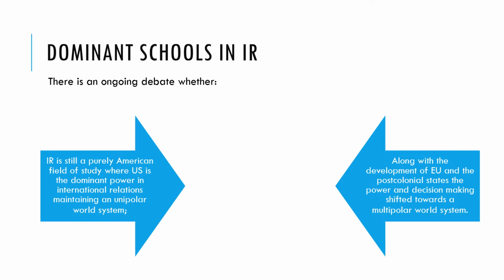Along with the development of the European Union and the post-colonial states, the power and decision-making shifted towards a multipolar world system, where there are more actors of IR that participate in international affairs. So this is a continuous debate, and given different sources, you might find different perspectives on it.